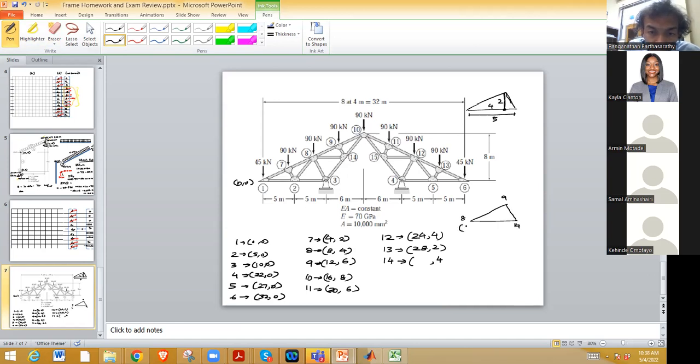So 8 is 8, 4. Okay. 9 is 12, 6. So let's calculate this length, 8 to 9. And then we can get this one.